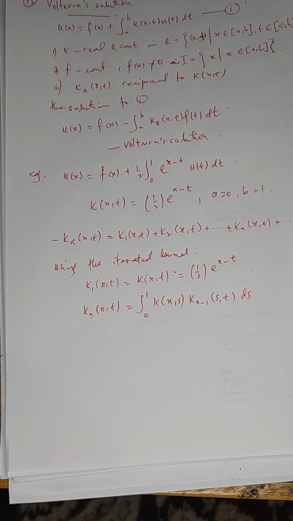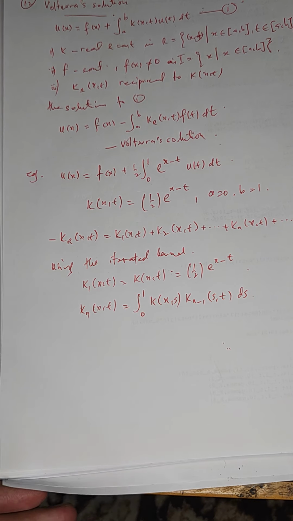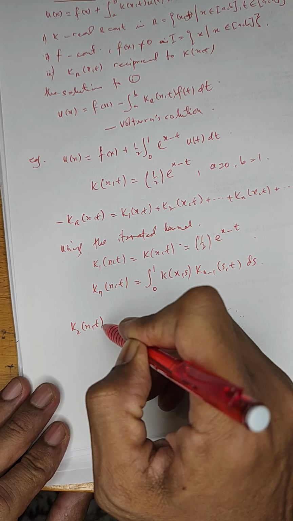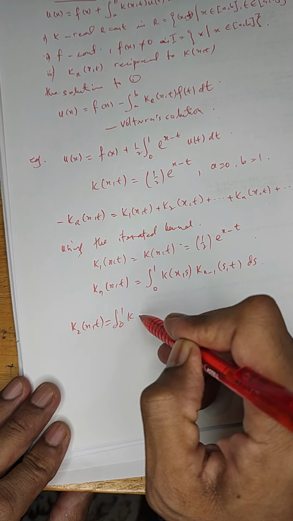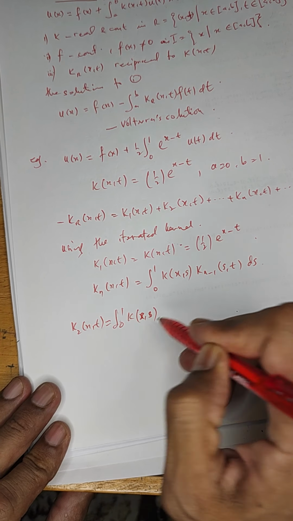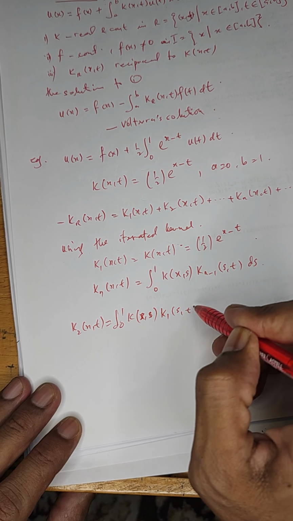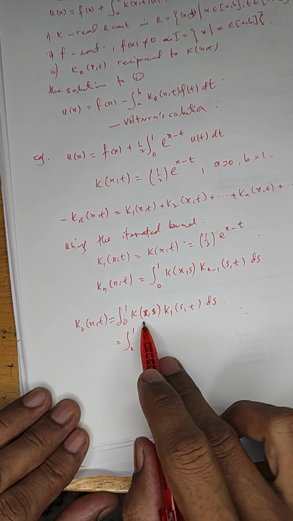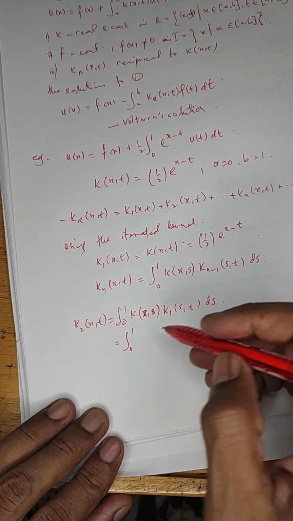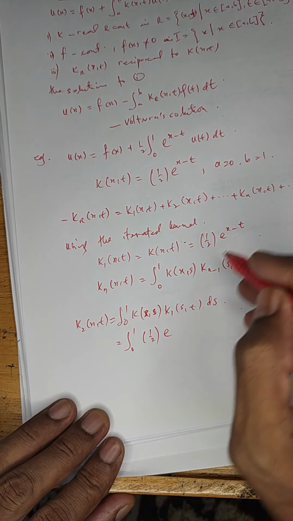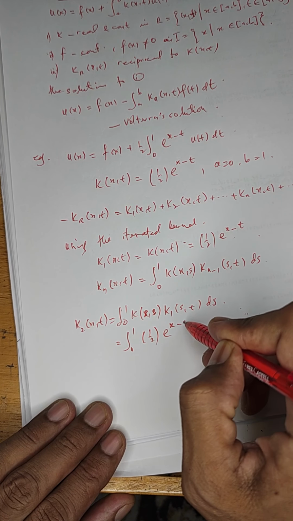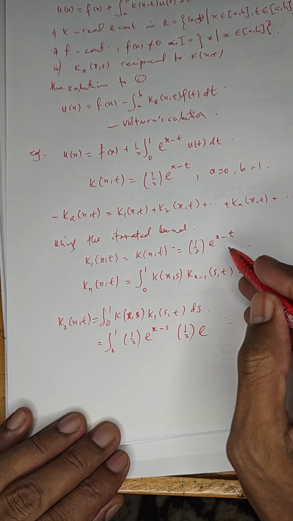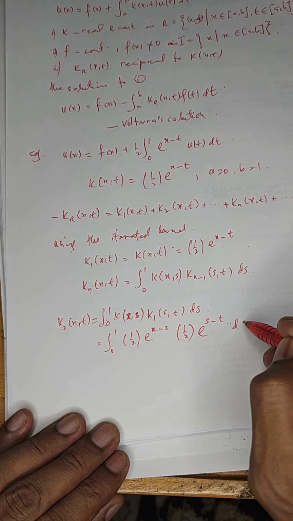We already have k_1, so we find k_2. k_2(x,t) is the integral from 0 to 1 of k(x,s) k_1(s,t) ds, which is half e^(x-s) times half e^(s-t) ds.